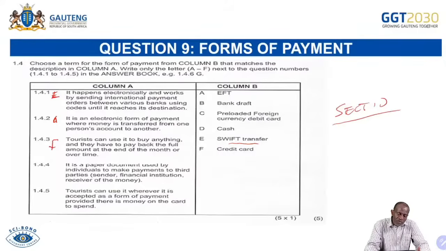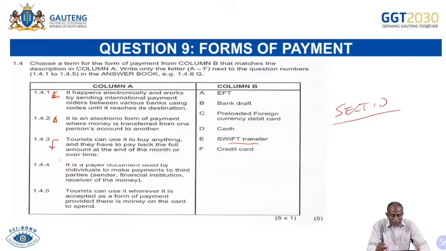And 1.4.4, it is a paper document used by individuals to make payments to third parties: sender, financial institution, receiver, or the money. And this would represent your cash, that is your number D.